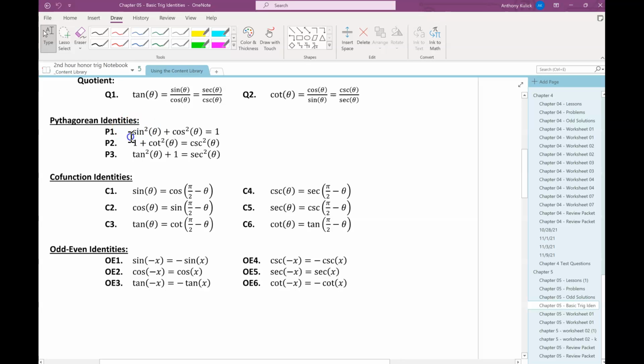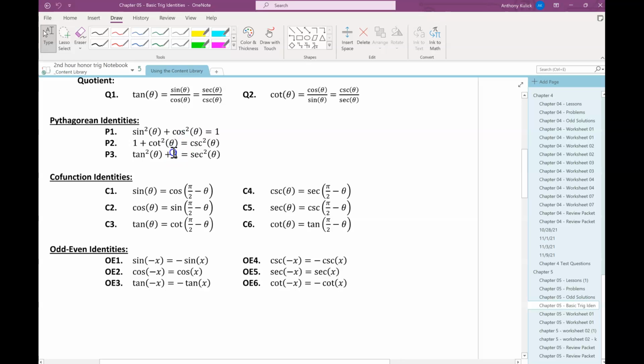If I divide both sides of this equation by sine squared, sine squared divided by sine squared is 1. Cosine squared divided by sine squared is cotangent squared. And 1 divided by sine squared is cosecant squared. That gives me this second identity. And if we had taken the first identity and instead divided both sides by cosine squared, sine squared divided by cosine squared is tangent squared.